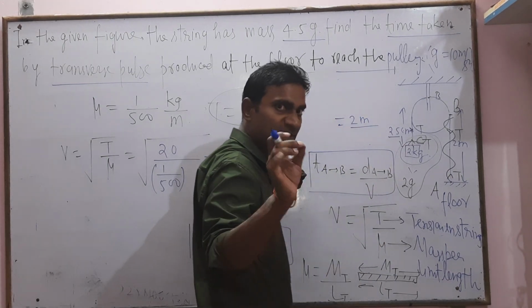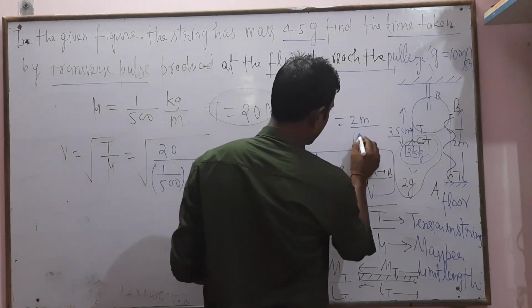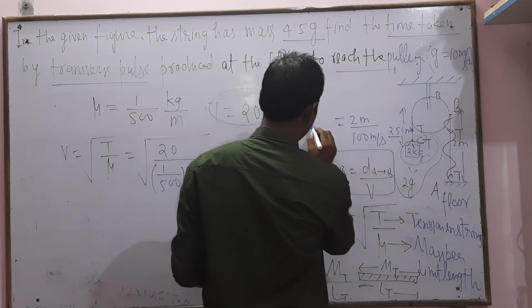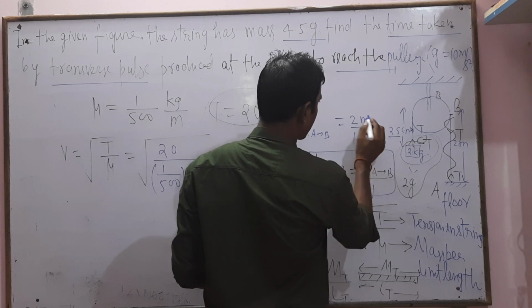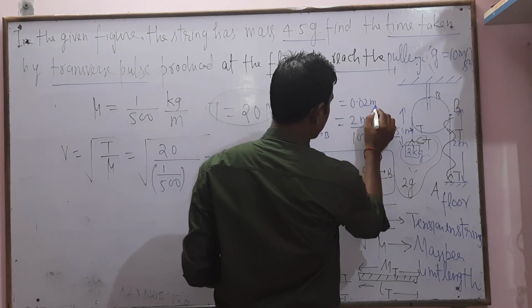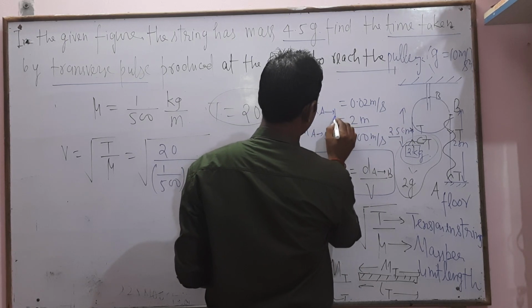V means speed of transverse wave, which is 100 meter per second. So time taken from A to B will be equal to 2 divided by 100, so you can simplify it as 0.02 second. This is the time from A to B.